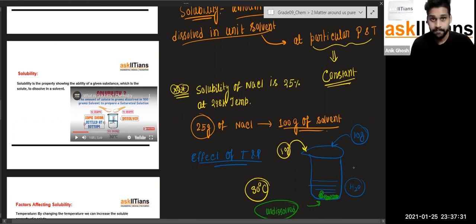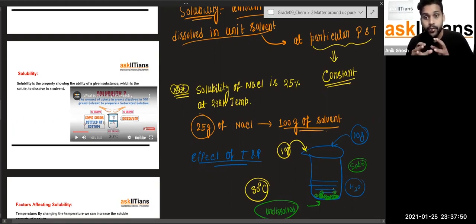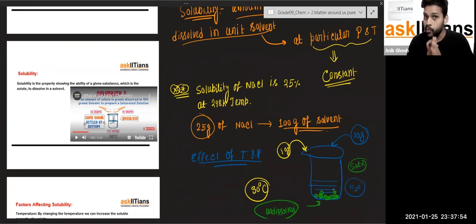We don't call it a saturated solution. So far I haven't told you what a saturated solution is, so right now you just listen to it, or go back to that position where we would be learning about saturated and unsaturated solutions. So just wait for a moment. Right now there would be some particles left there. So what I mean is that would not be a proper solution anymore, because solutions should be homogeneous. And you can see there are two phases, because some of the sugar is there, undissolved.